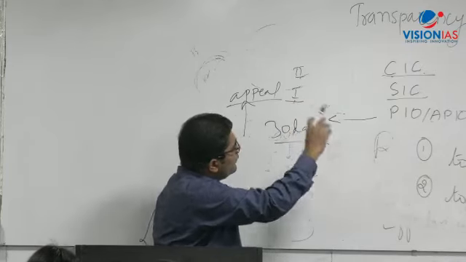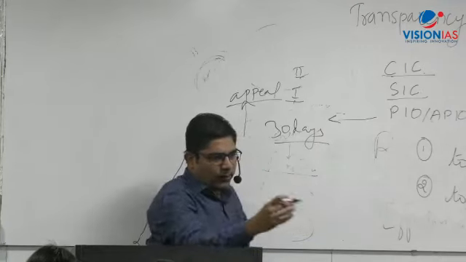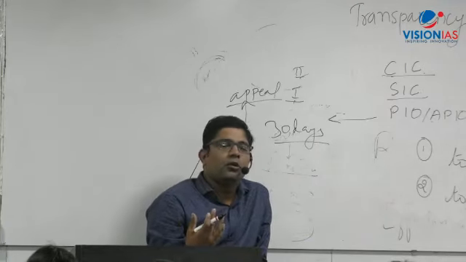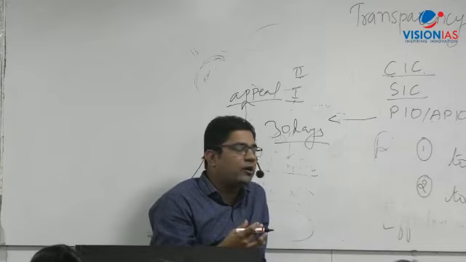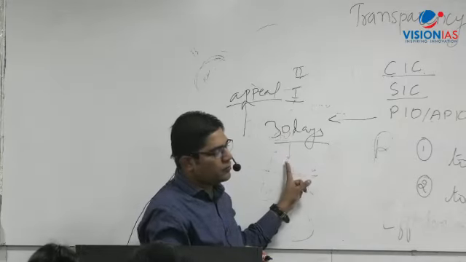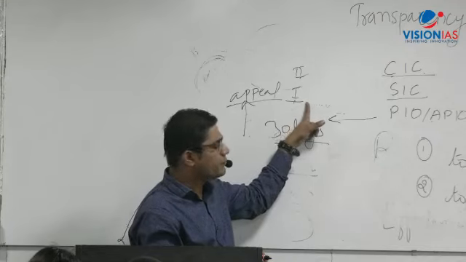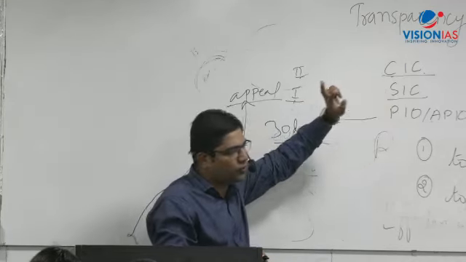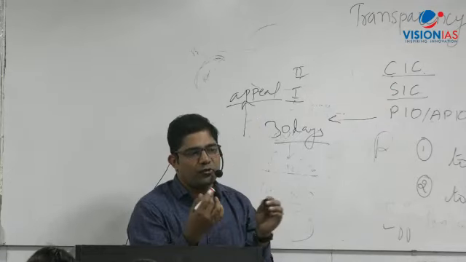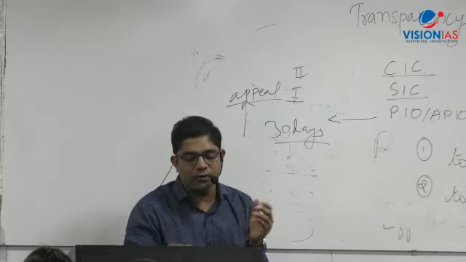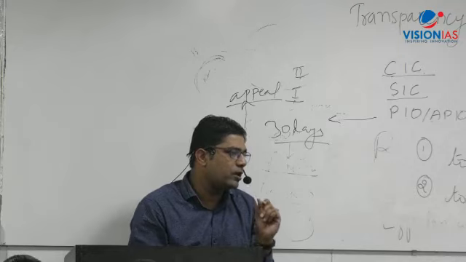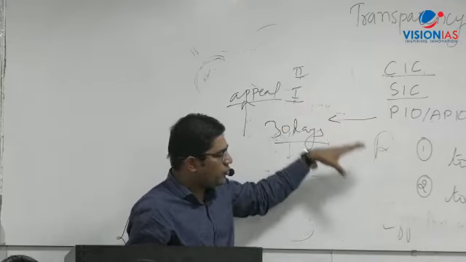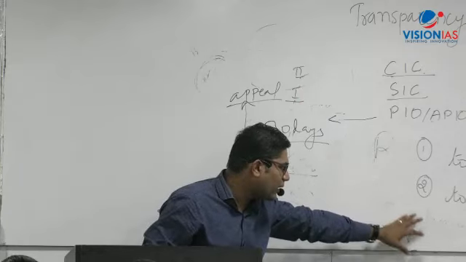When you go to the PIO, he will give you the information, and if you are not satisfied or if he has not given the information in 30 days, you can go to the first appeal. A second appeal फिक्स है, that is CIC or SIC, that is the final appeal. CIC if the issues are related to the central government and SIC for the state government. So the appeal structure is also available. So the institutional mechanism is created.